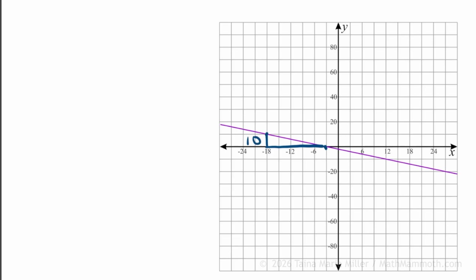This is 10, or negative 10 as a descent. This other axis goes by 3's. Each unit like this is 3. And we have 1, 2, 3, 4, 5. 5 times 3, 15. So the slope is negative 10 over 15, which simplifies to negative 2/3.